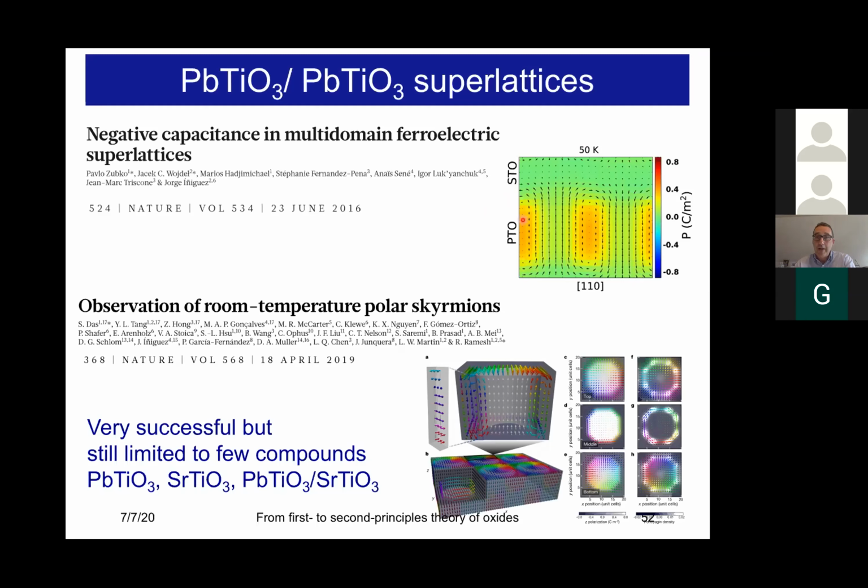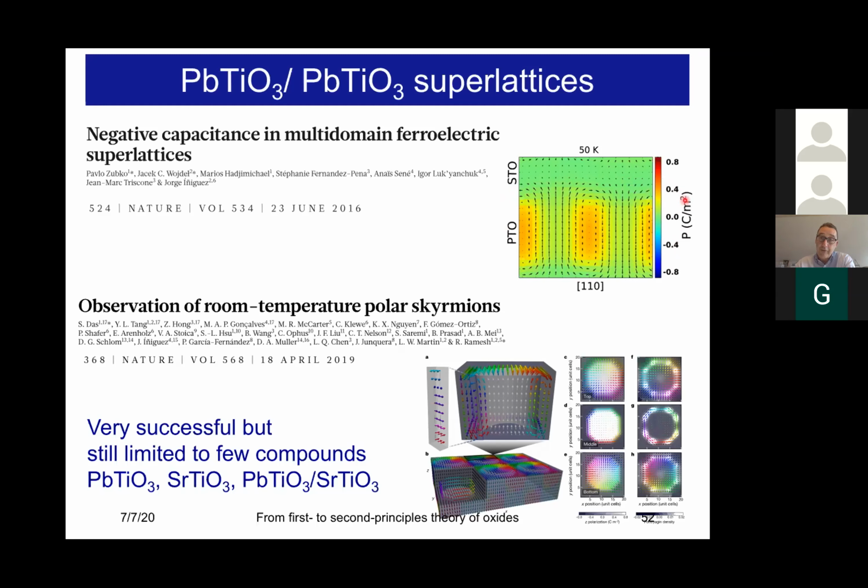The way the system finds to solve this is by breaking into domains, so that you will have positive and negative charge, and on average something that is neutral. But of course, depending on the way you can screen the polarization at the interface, you can get many different things happening here.